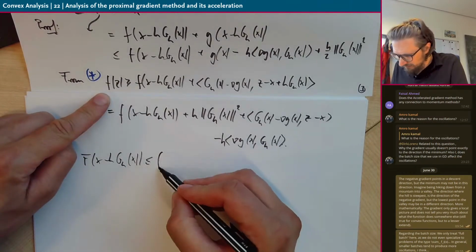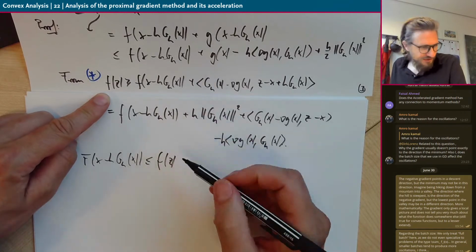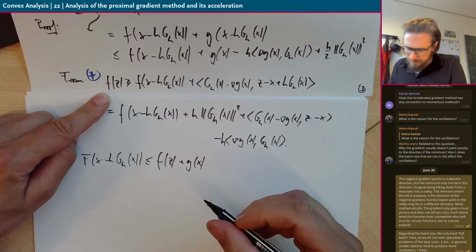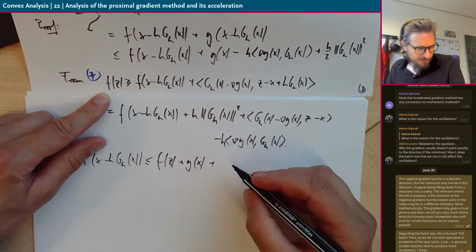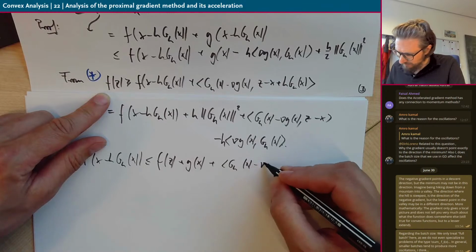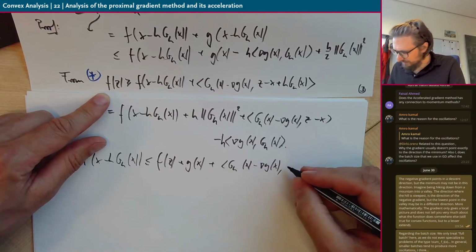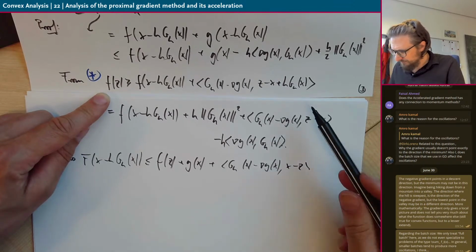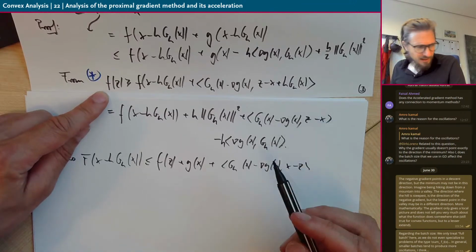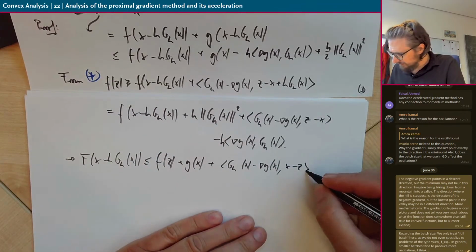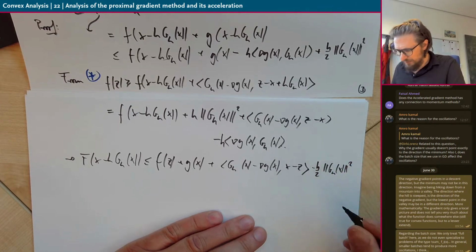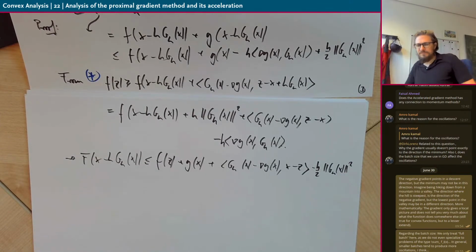We get an f of z, we also get a g of x, and we get the rest, so some of the things cancel, so we get gh of x minus gradient g of x times x minus z, and furthermore we have minus h over 2 gh of x squared. So that's what's left after cleaning this up.